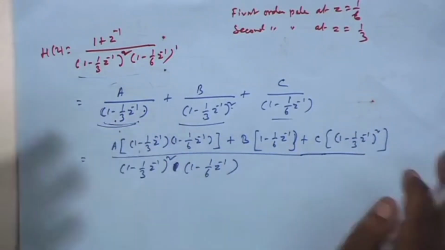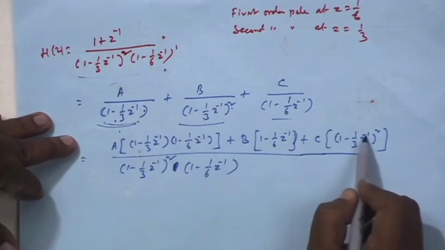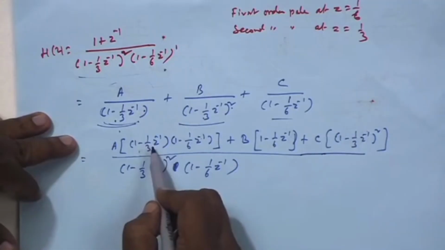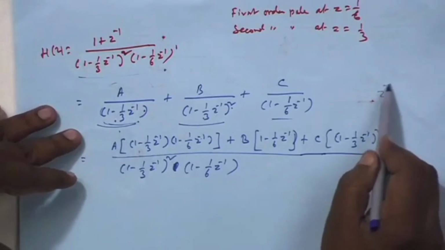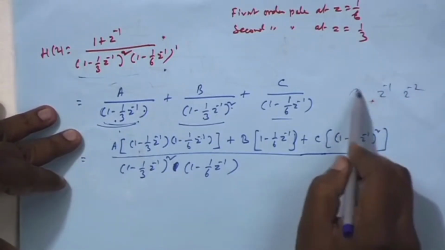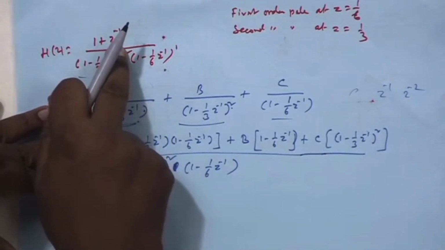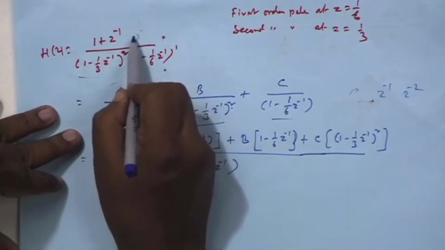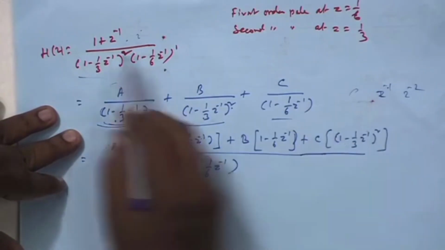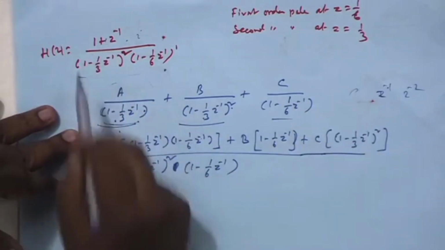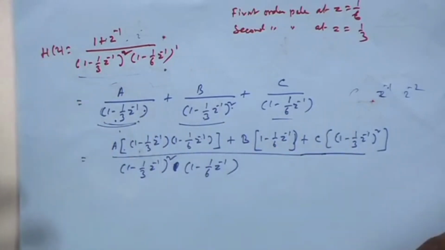Now, if you simplify it, you will see this will have a second order term z inverse 2, this is first order z inverse, this will have z inverse 2, z inverse, here also z inverse. So overall it will be a polynomial where there will be z inverse terms, z inverse 2 terms, and constant terms present. That you can equate with 1 plus z inverse. Here the z inverse 2 term is absent, so the corresponding coefficient you equate to 0, the coefficient corresponding to z inverse you equate with 1, the constant you equate with 1, you solve for A, B, C, and you get the coefficients, you have this expansion.